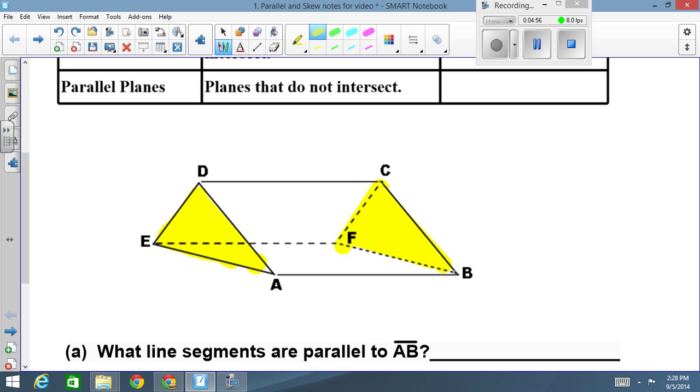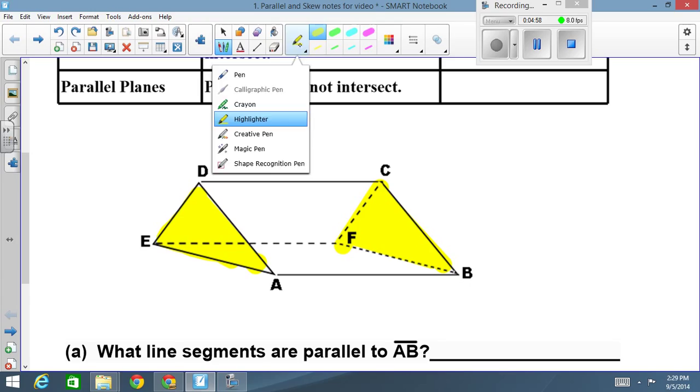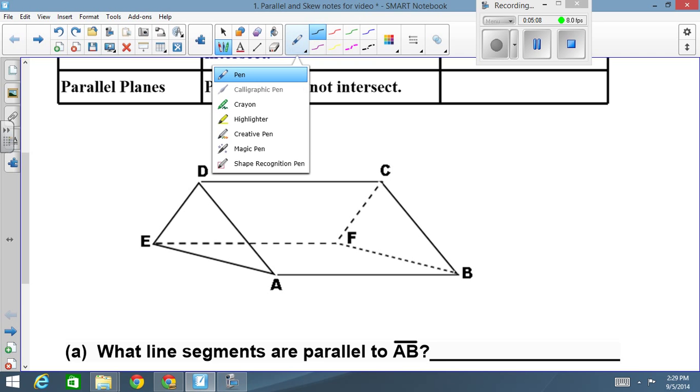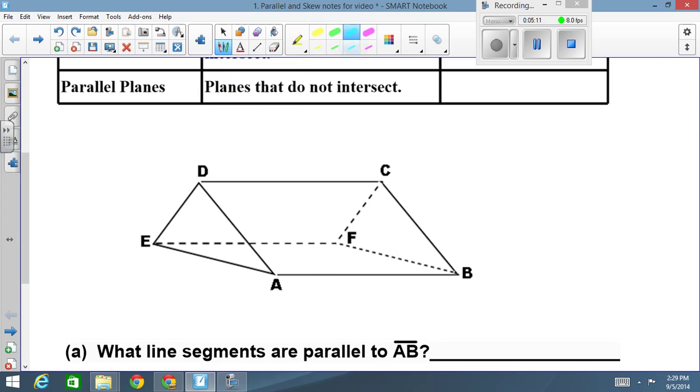Okay, so let's answer a few of these questions from the bottom. What line segments are parallel to AB? Well, AB is this segment right here. So there are two others. You have segment DC is parallel, and segment EF back here is also parallel.